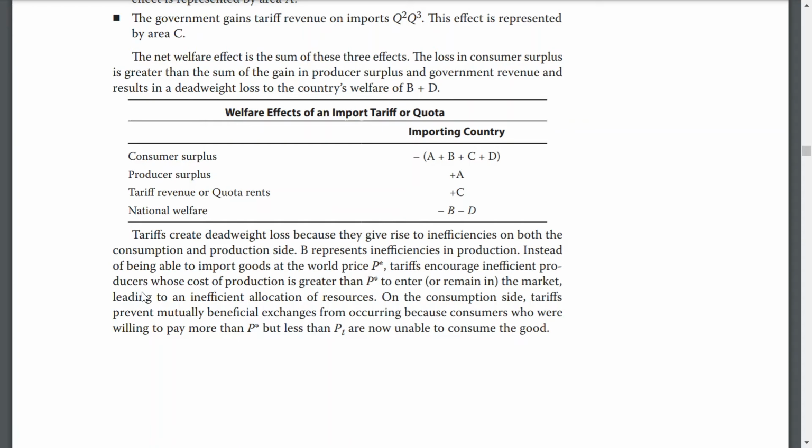B represents the inefficiencies in production: instead of being able to import goods at the world price, or P star, tariffs encourage inefficient producers, whose cost of production is greater than P star, to enter or remain in the market, leading to an inefficient allocation of resources. On the consumption side, tariffs prevent mutually beneficial exchanges from occurring, because consumers who are willing to pay more than P star and less than PT are now unable to consume the good.